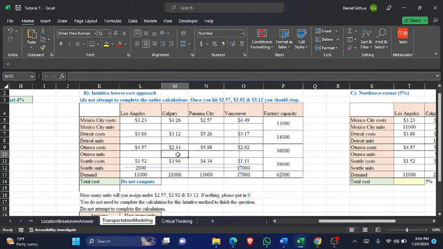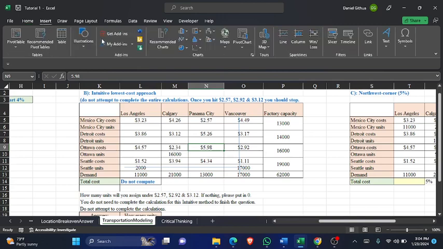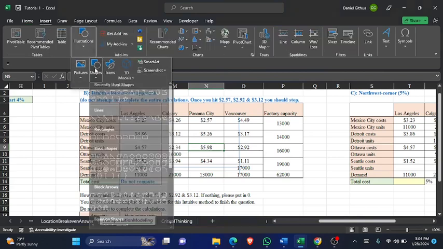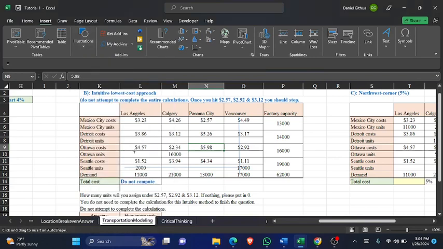We have to add the factory capacity, which is 16,000. That's the maximum units we can give. And this means that this is done. We need only 16,000 and we already have them here. Now we close it so that we don't have to do anything with it.